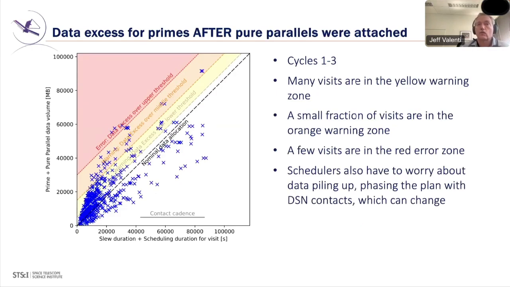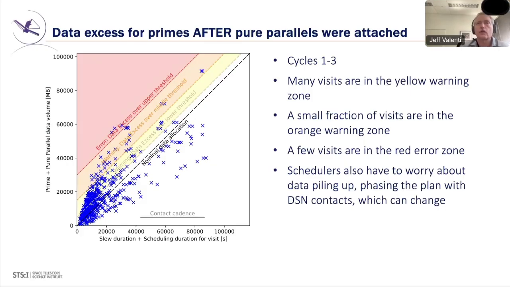So in consultation with the JSTUC, we have decided that for this cycle, we're going to make a rule that if you attach a pure parallel, the visit can't be in the orange or the red zone. And you can see that there are not that many, 20 or 30 maybe, pure parallel observations that cause this problem.